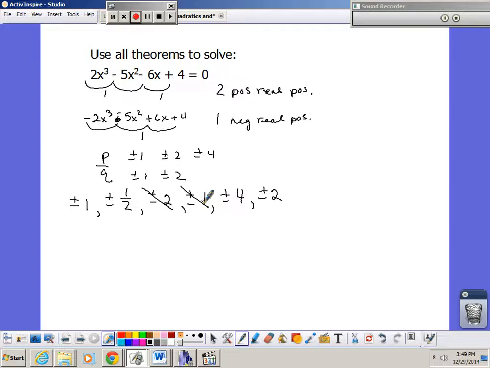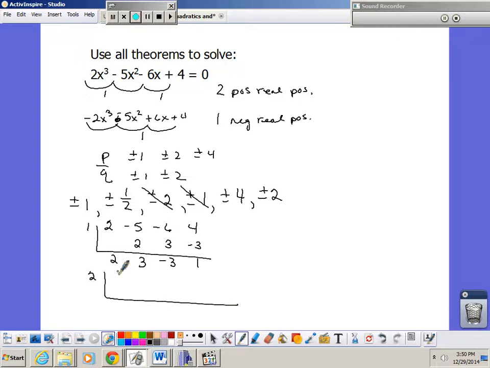Let's do upper and lower bounds. So 2, -5, -6, 4. Let's start with 1. 2, 2, 3, 3, -3, -3, 1. So no. Let's do 2. 2, -5, -6, 4, 2, 4, -1, -2.